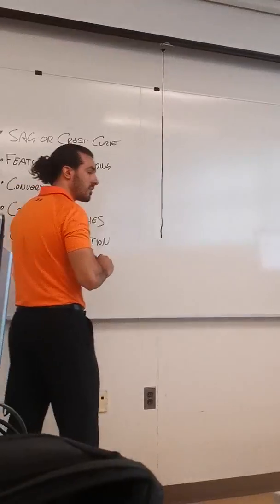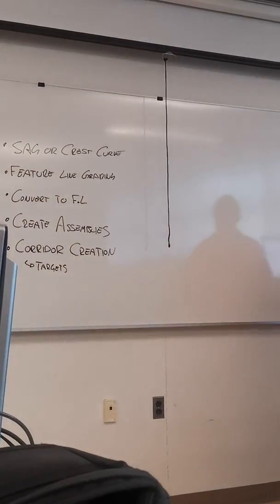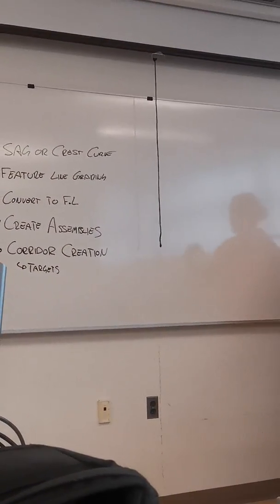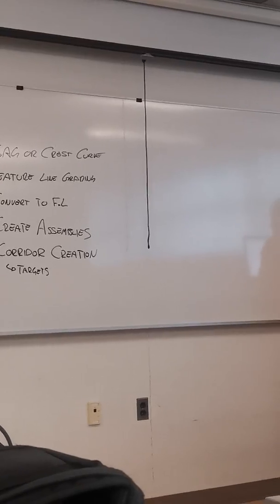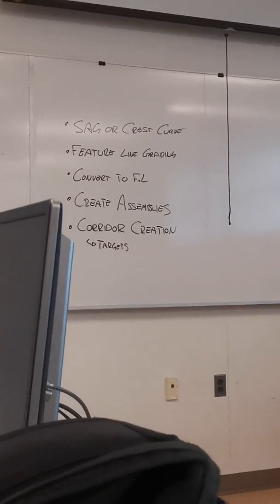So setting your road targets to target either an alignment or your grading of the property line, that kind of thing. Much like the other one, I think assignment 4.